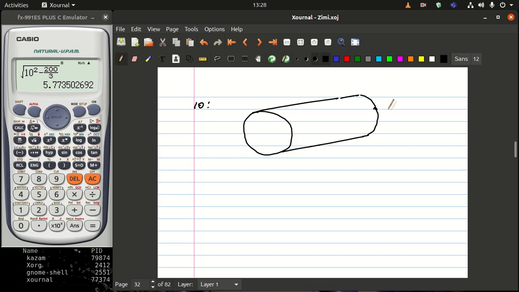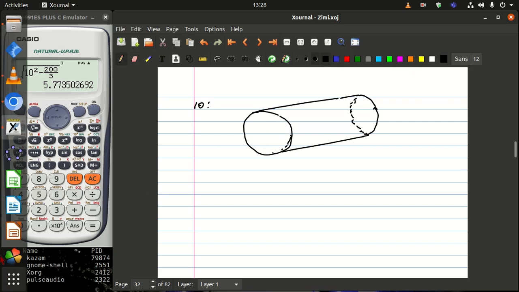Really trying. So we have this thing here, and of course if let's say this was cut from a tree, it will be having those rings, nice rings there. You can see that it is a cylindrical log.